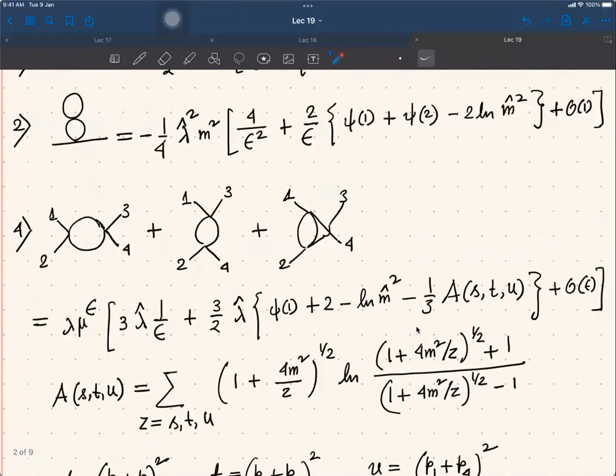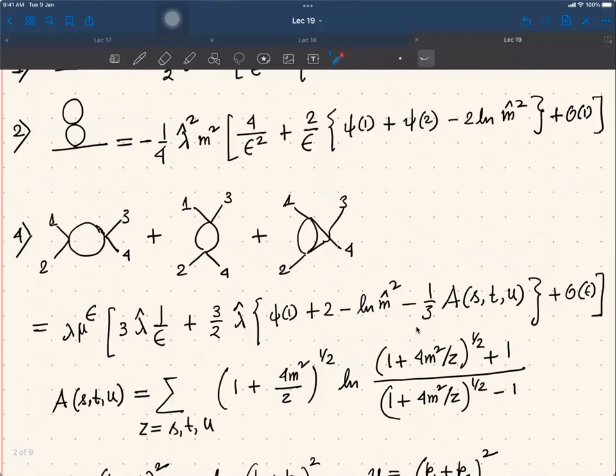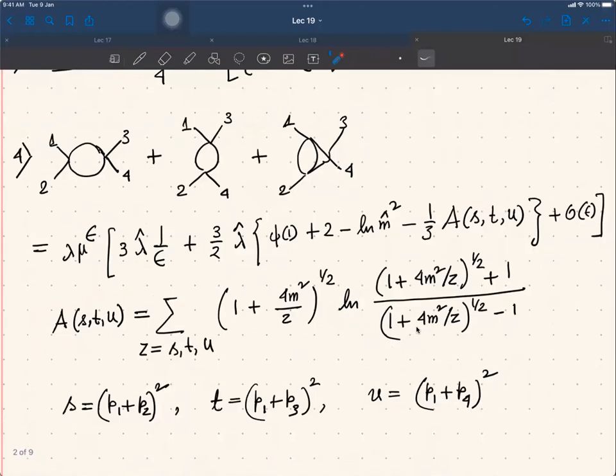And you recall that after dimensional regularization, the coupling became λ times μ to the power epsilon.